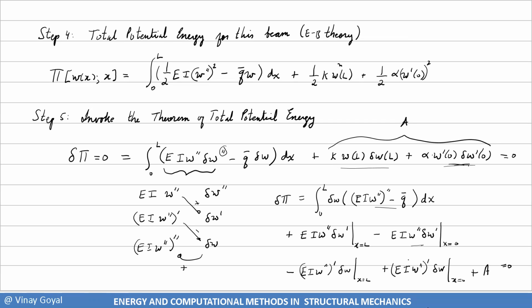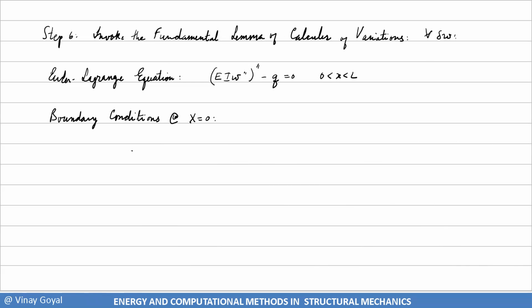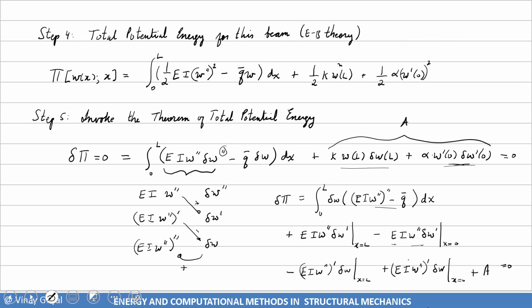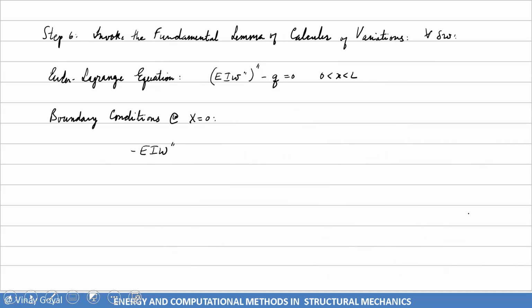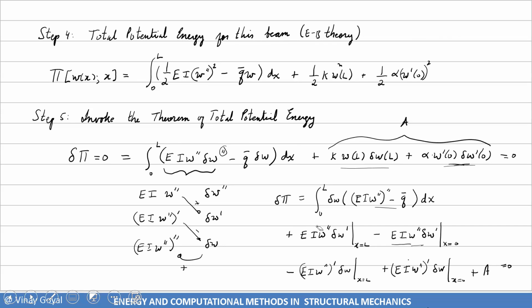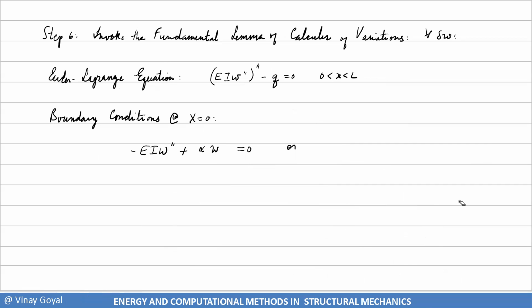And so I have minus EI w double prime, so that's this term right here, and I'll add it to the one at the top, plus alpha w prime equals 0, or, and that's that term here, I apologize, it's w prime, or we have w prime specified.